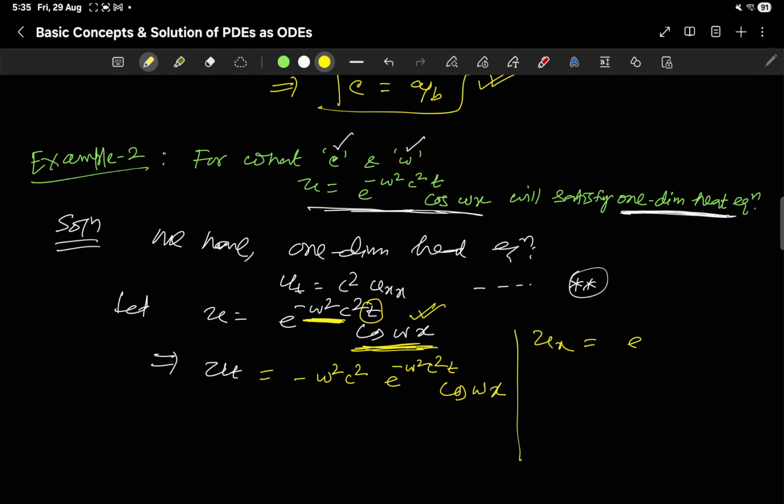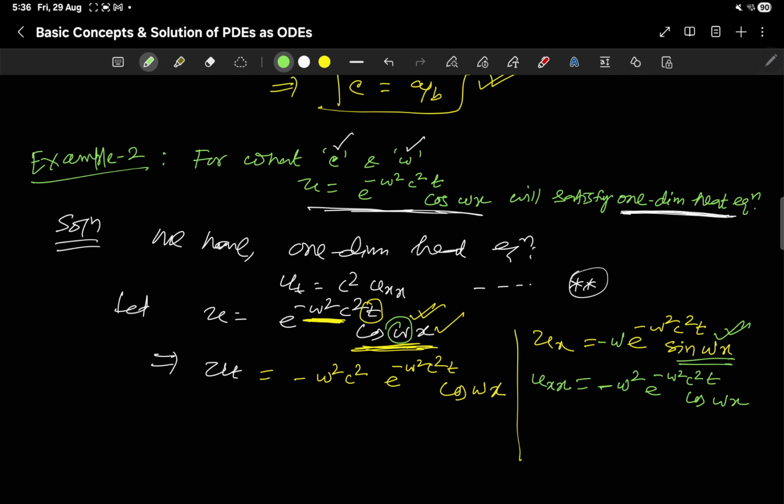The exponential factor is silent, cos omega x derivative is minus sin omega x, and one omega will be multiplied by chain rule. What is my uxx? Uxx will be derivative of sin, which is cos, again one more omega, so minus omega square e to the power minus omega square c square t cos omega x.